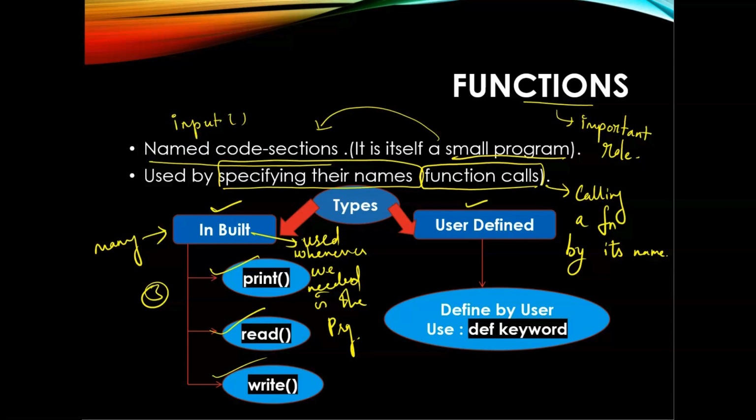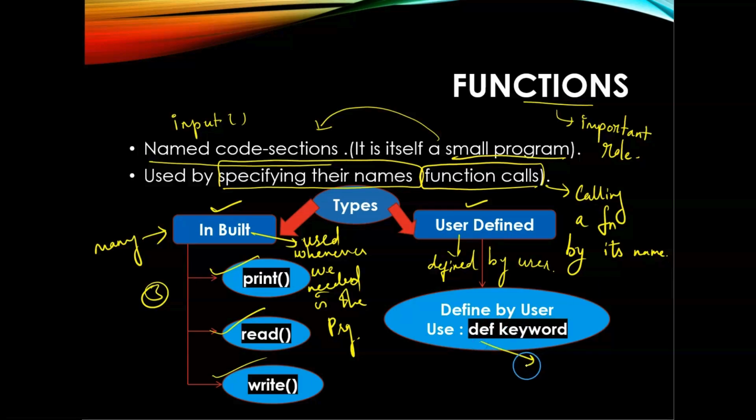The second type is the user-defined function. This user-defined function is defined by the user. We are the user and we are giving the names to our functions in the program. A user-defined function should start with a keyword called def.